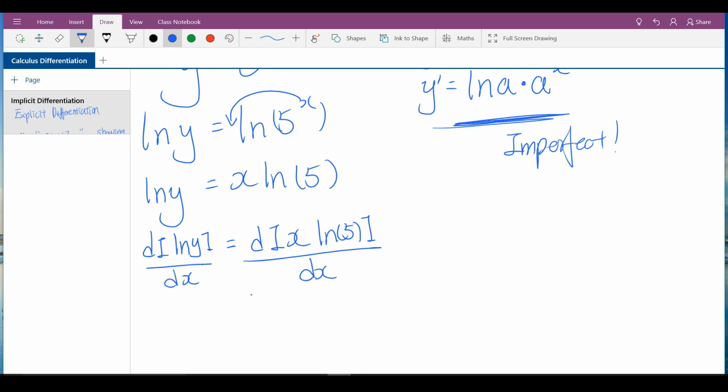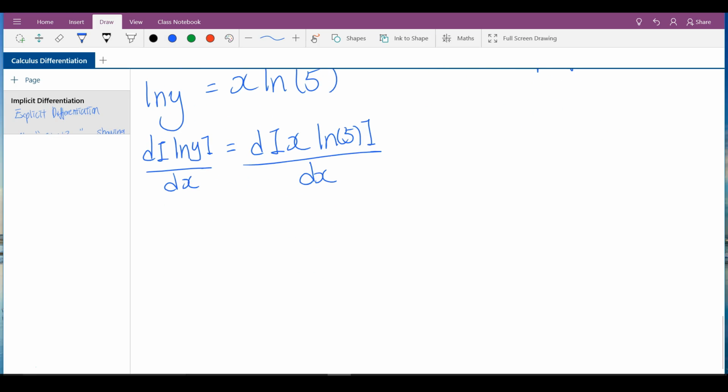Right. Now let's do the easy one first, which is the right hand side. Now, when you look at this x ln 5, remember ln 5 or log e 5 is a number. It is a constant. So this is the same as 5x or 6x or 7x. This is a number with x. Right?